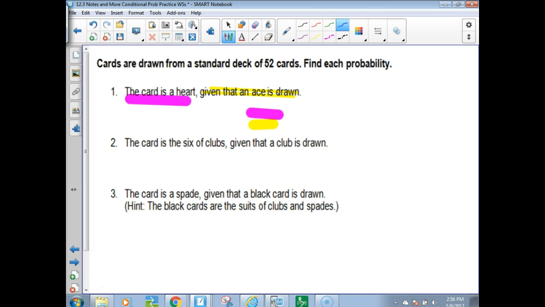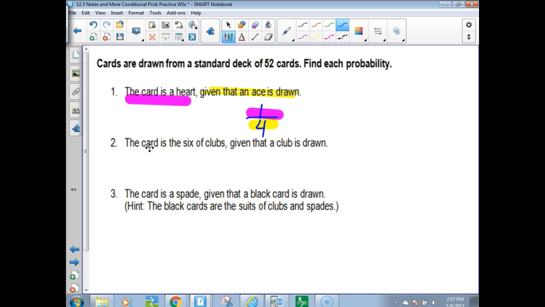How many cards are an ace in the deck? Jeremy, 4? Okay, there are 4 cards that are aces. That's your denominator. How many cards are hearts that are aces? There's only 1 of them. One of the cards that is an ace is a heart. So 1 in 4 is your probability.